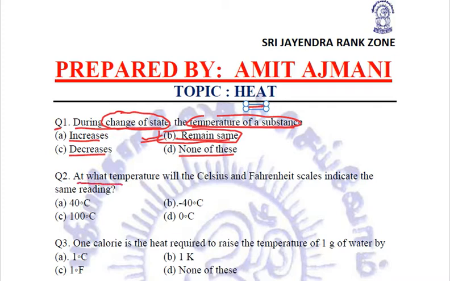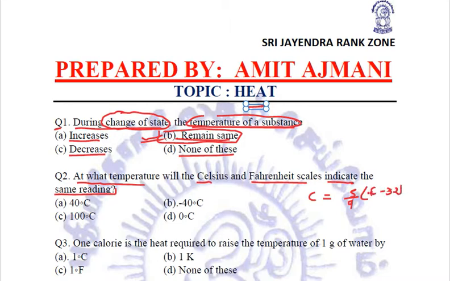At what temperature will the Celsius and Fahrenheit scale indicate the same reading? Now, if we want to find the reading which is the same on the Celsius as well as the Fahrenheit scale, we must know the relation between them. And what was the relation? The temperature on Celsius scale is equal to 5 by 9 of the temperature on Fahrenheit scale minus 32.